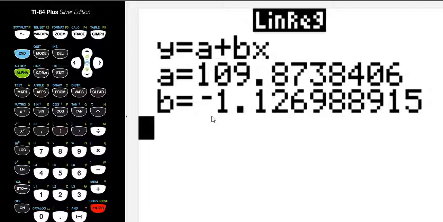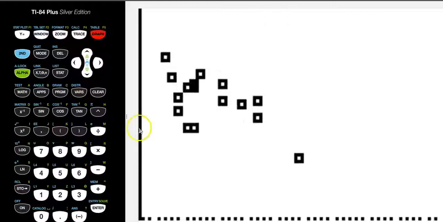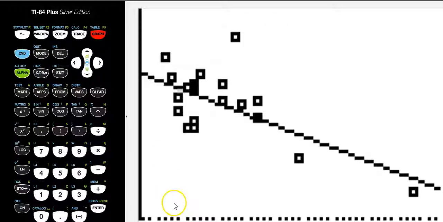So our equation would be y hat equals 109.8738 minus 1.1270x. If we look at that on the graph, the calculator is going to graph it out for us, and we get this nice looking little graph.